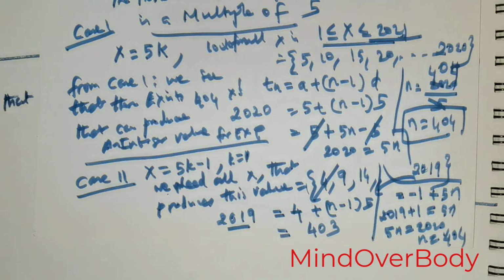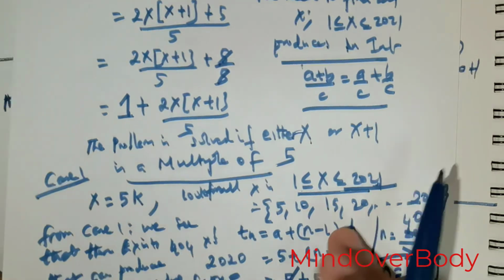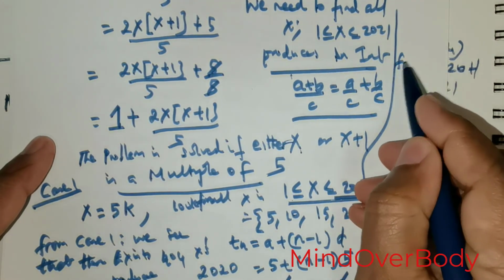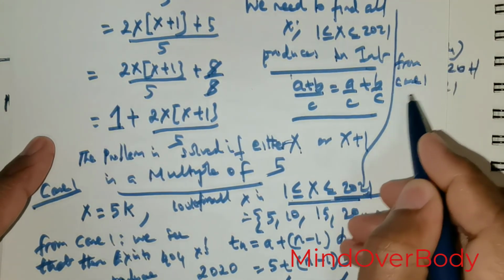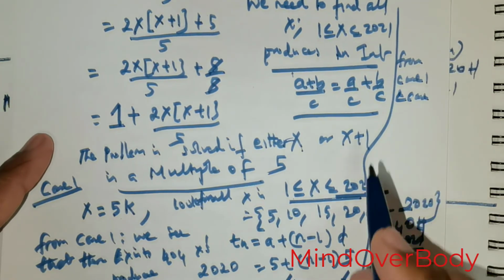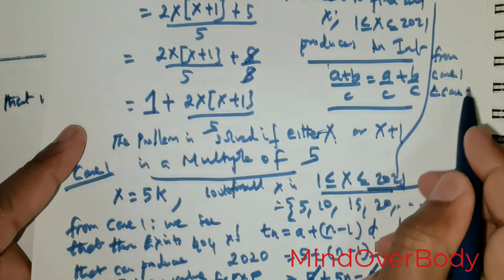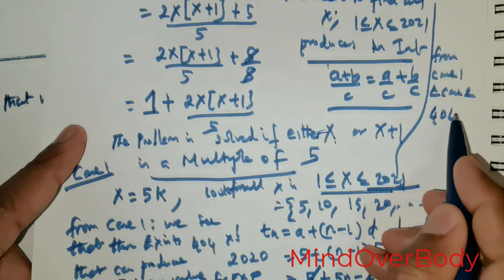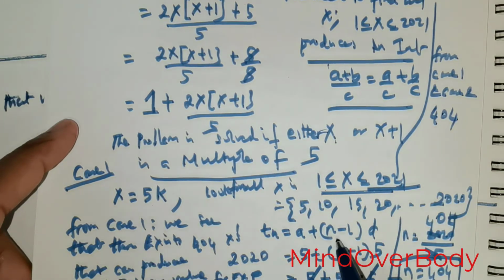Now to take up these two cases, so from case 1 and case 2, the number of such x's is 404 from case 1.